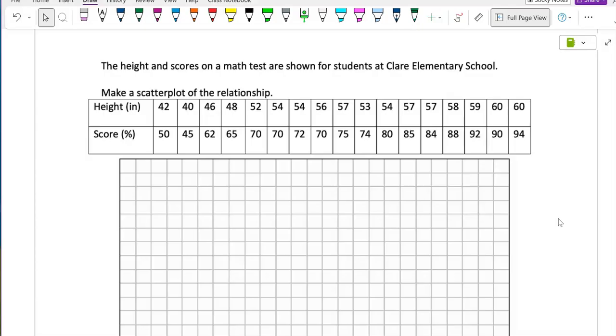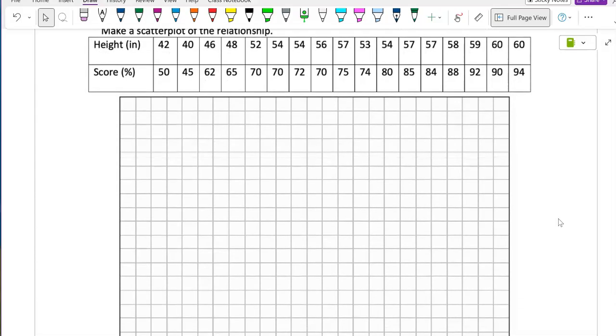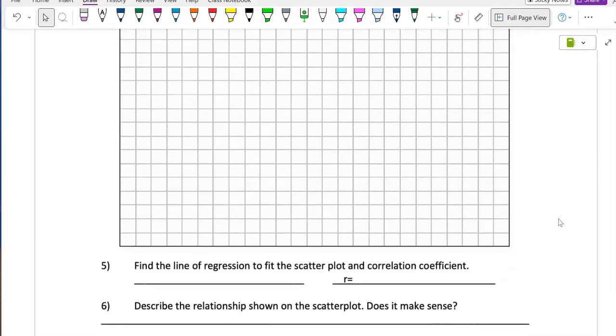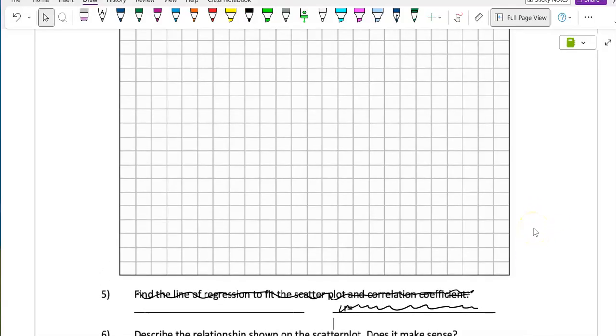Make a scatter plot of the relationship. And we're going to change question 5. We haven't talked about the line of regression and the correlation coefficient. We're not going to get that deep into it, but we can still do our own data and graph here.